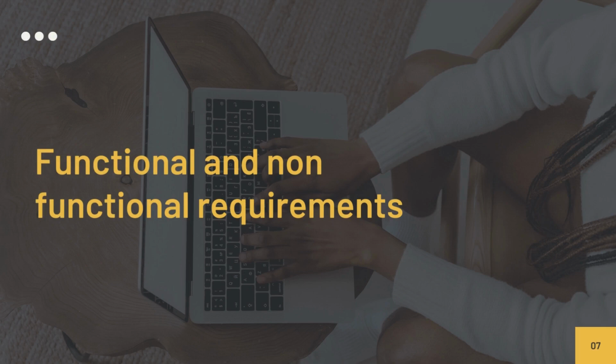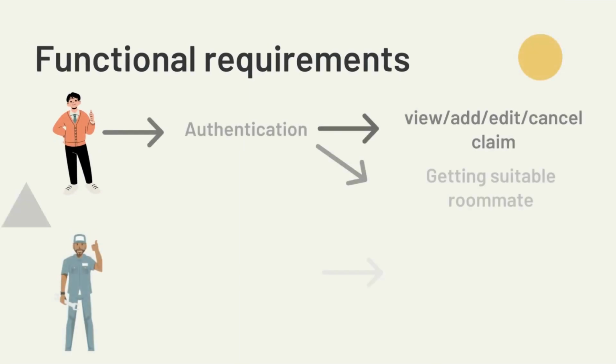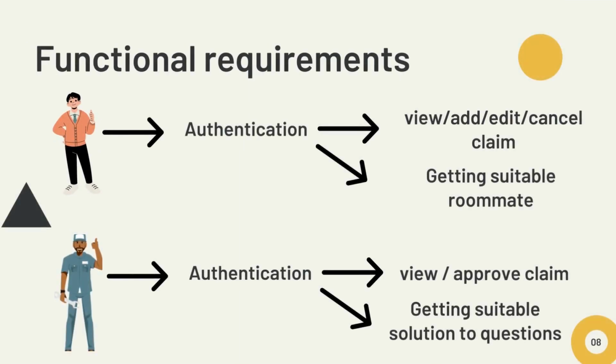In terms of functional and non-functional requirements, the student should log in. After that, they can view, add, edit, or cancel a claim. And in addition to the claim submission feature, ClaimBook also includes a roommate recommendation system that we have built using natural language processing technology.